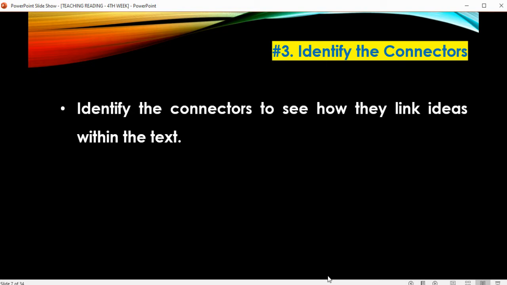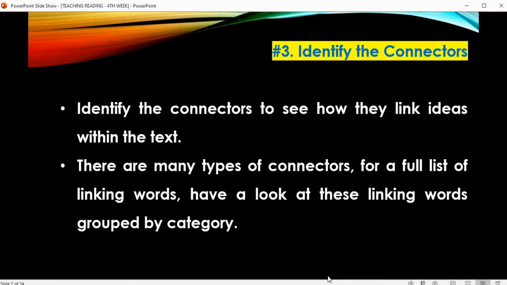Another activity, this is the third activity, is to identify the connectors. They are going to identify the connectors to see how they link ideas within the text. There are many types of connectors. Here we have a lot of linking words. Now remember that the linking words are the conjunctions.